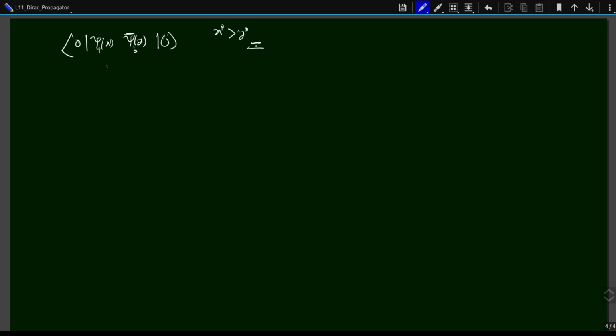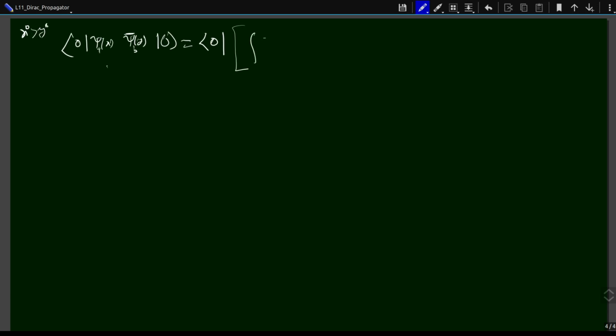So let's keep all these things here. So here let me write for x naught greater than y naught. Okay, this is the situation. What I have is the vacuum expectation value of, let me start writing the expression for psi of x a and psi of x b.